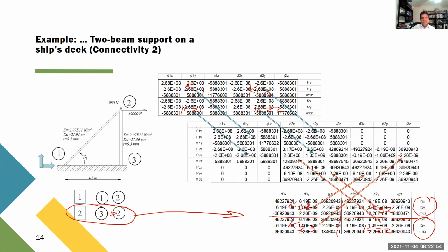First you define from joint 2 to joint 3, and now I'm showing you from 3 to 2. Once I define this, I have to keep track of the process following this definition. So the first equation goes with the first joint, 3. The second equation of this element goes with joint 2.